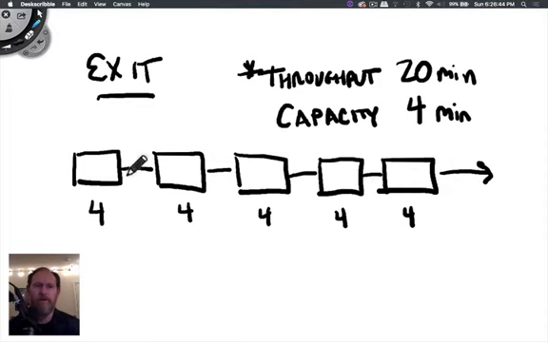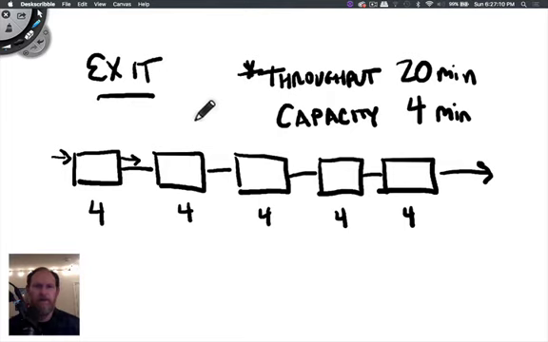If we sent an item in every 4 minutes, so as soon as an item exited here, we sent one in, then it would still take that second one 20 minutes, and we would have one exiting every 4 minutes.